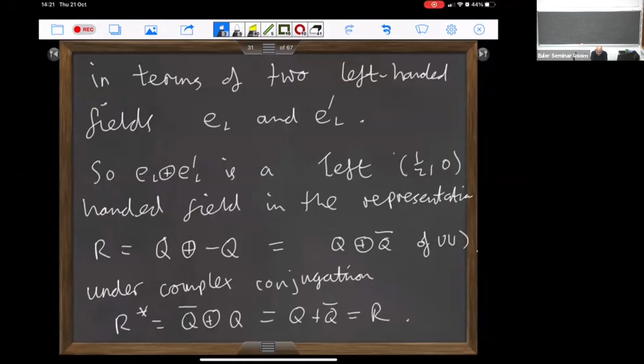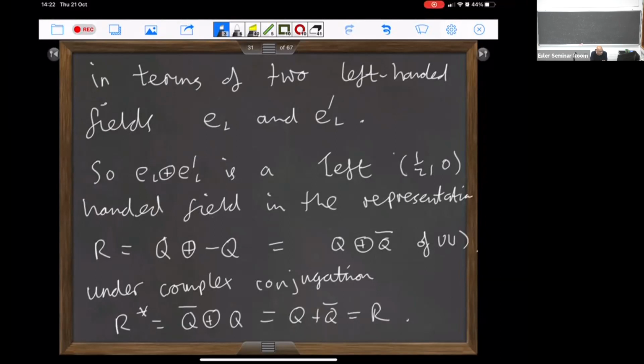Whereas in the actual standard model, under hypercharge, E left is in the charge -1 representation, E left prime is in the representation of charge +2, and the sum of those two is a complex non-real representation. So this is an important point.